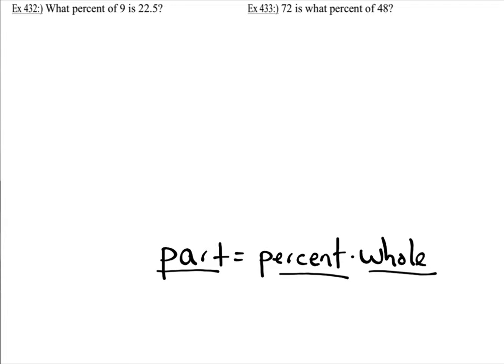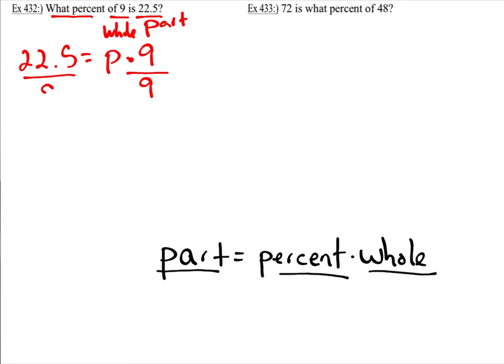All right, so what percent of 9 is 22.5? Percent we don't know, so we know the part is 22.5. The whole is 9. So I'm going to use P for percent. That'll remind me I have to move the decimal when I'm done. I'm going to divide both sides by 9.